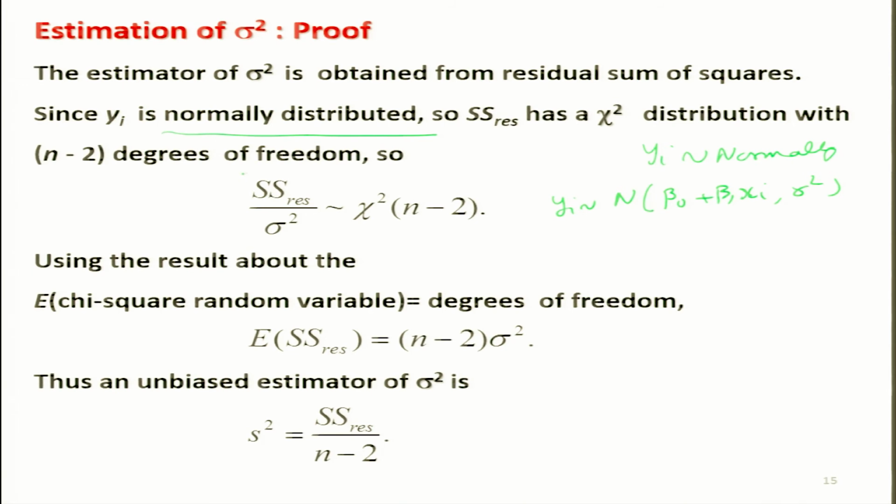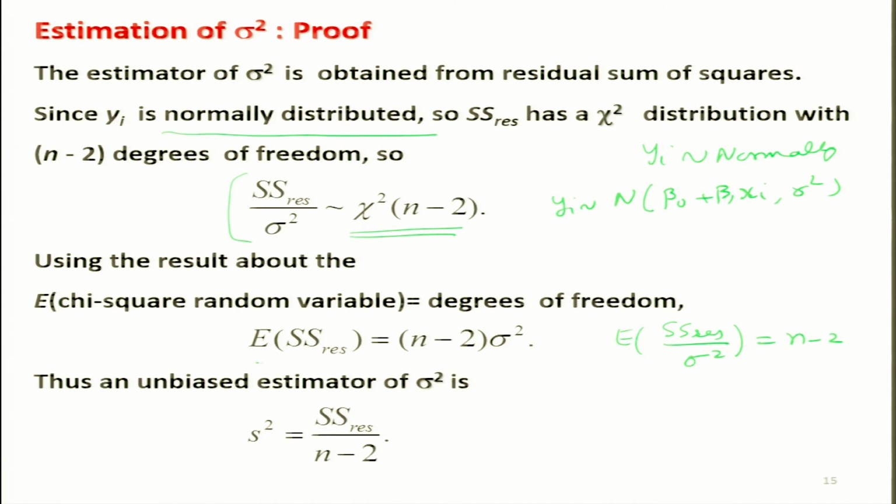So, I can write that SS res upon sigma square follows a chi-square distribution with n minus 2 degrees of freedom, and the expectation of a chi-square random variable is the same as its degrees of freedom. So, my random variable here is SS res divided by sigma square, and its expectation is n minus 2.